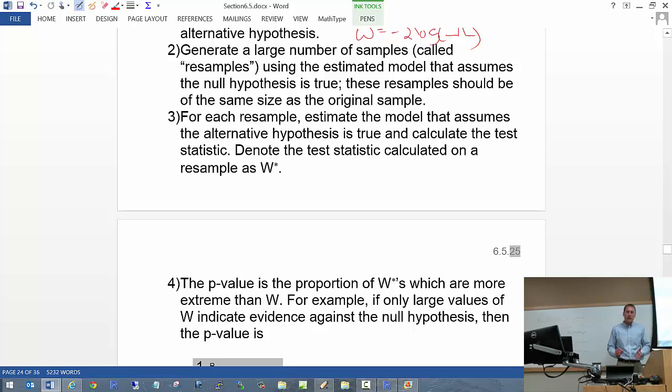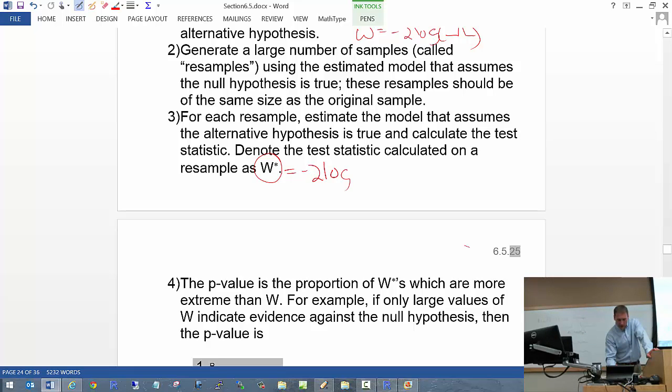Now, for each of these resamples that I get, so for each of these simulated data sets, I'm going to calculate my test statistic of interest once again. So I'm going to have to estimate my alternative hypothesis model and my null hypothesis model to this simulated data set. Calculate a -2 log lambda.